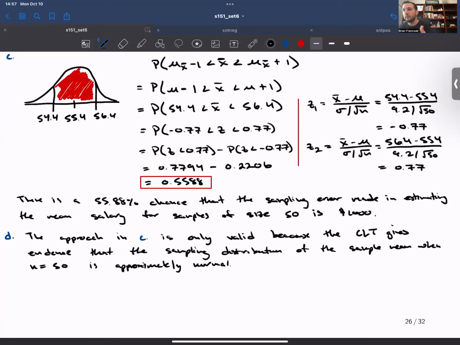Because the central limit theorem tells us that the sampling distribution of x bar is approximately normal when n equals 50, we can use our standard normal table approaches.